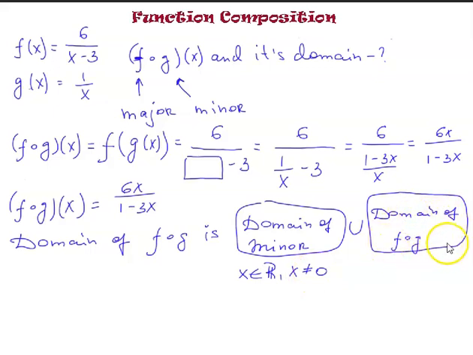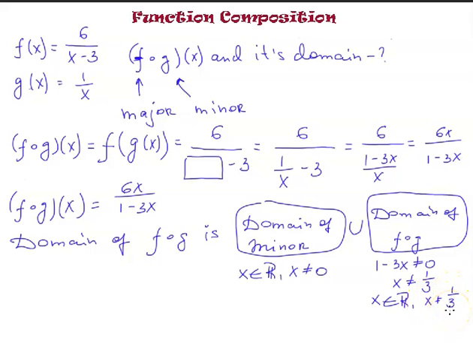Now, the domain of the function composition: our function composition is 6x over 1 minus 3x. The restriction on that function, again, is that we cannot divide by 0, so our denominator cannot turn into 0. So 1 minus 3x cannot be 0, meaning x cannot be 1/3. So that would be all real numbers with the exception of 1/3.